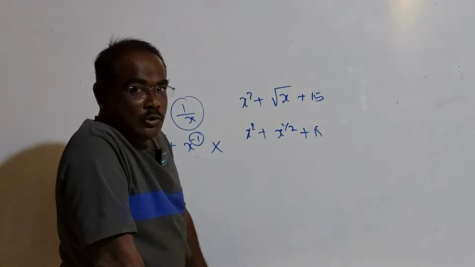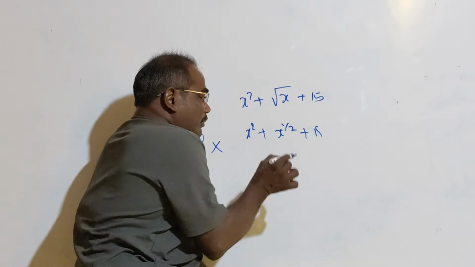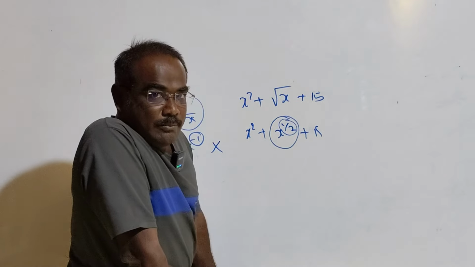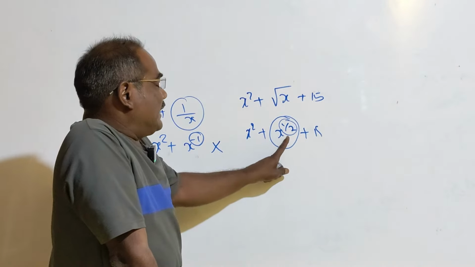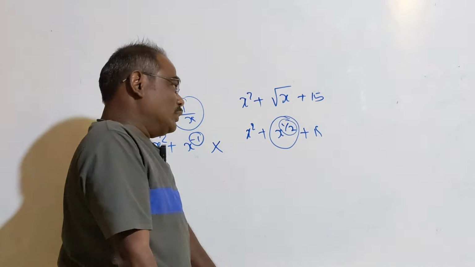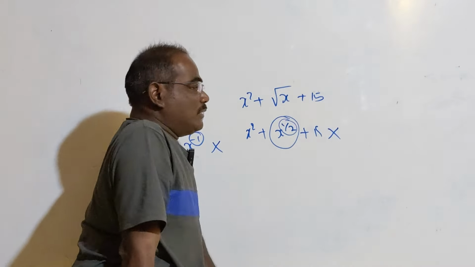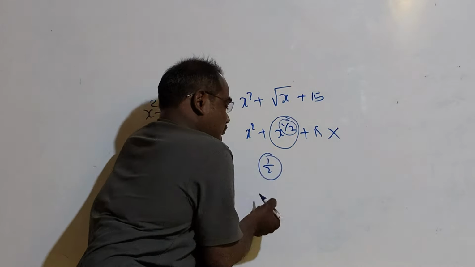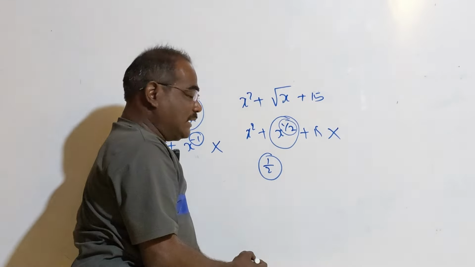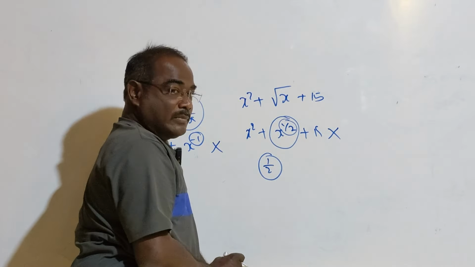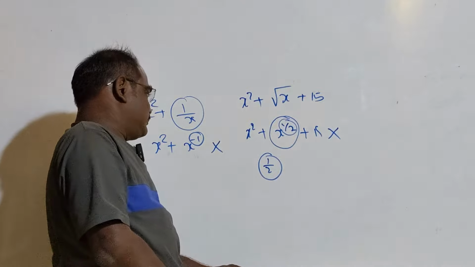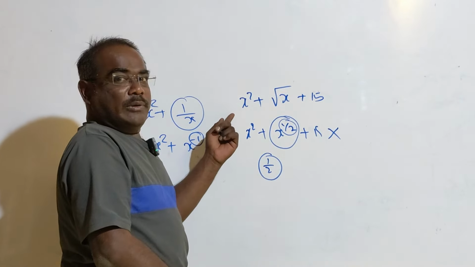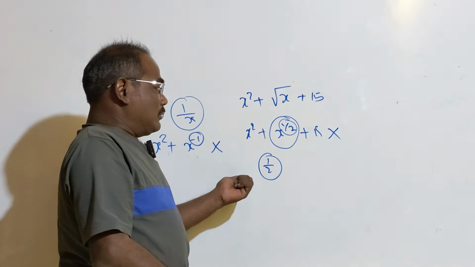No, it is not a polynomial, because the power is rational, in the form p by q. The x power is 1 by 2, which is not an integer. The power may be 0 because it is a whole number.